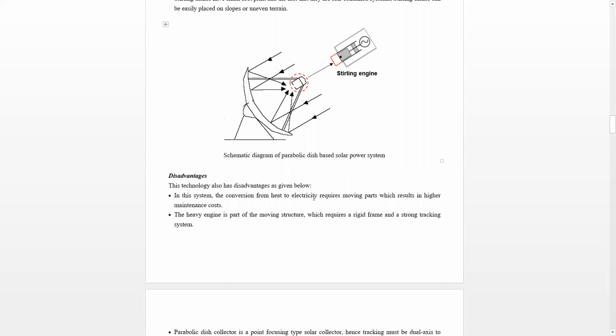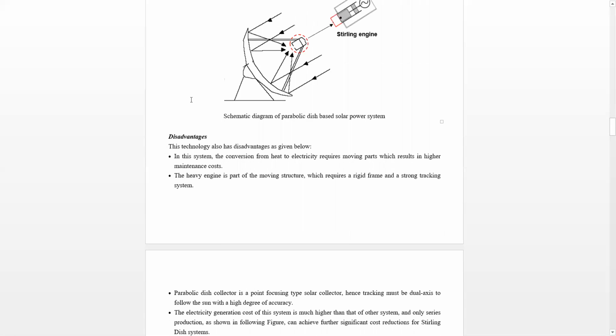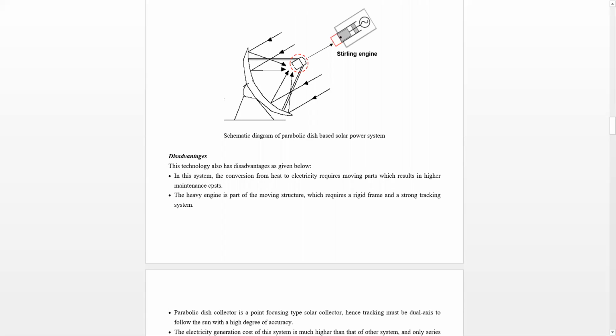Now the disadvantages of the system. Every technology also has certain disadvantages. The first disadvantage is that in this system, the conversion from heat to electricity requires moving parts, which results in higher maintenance cost.